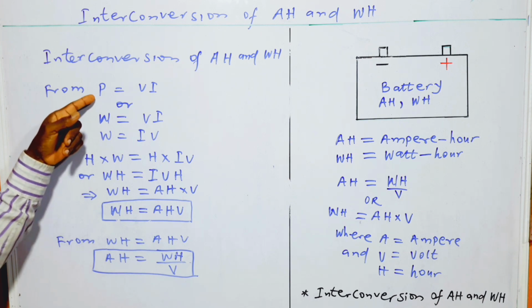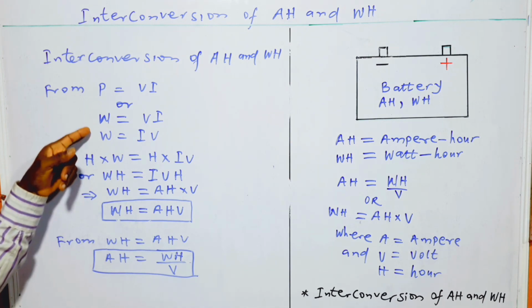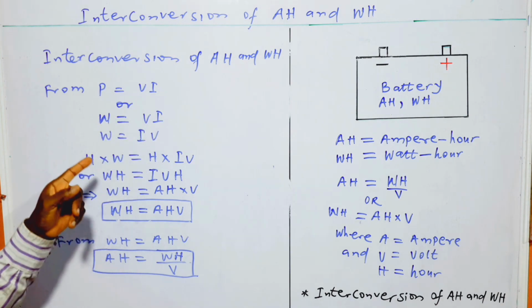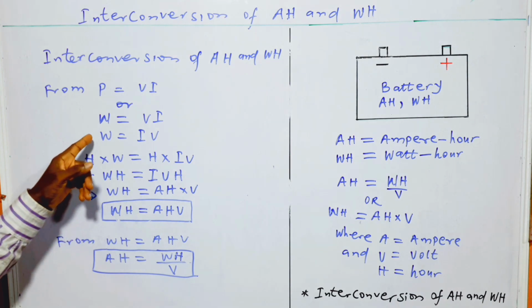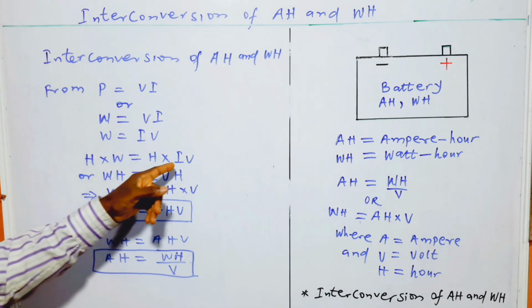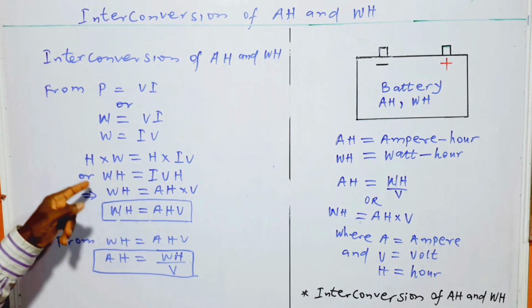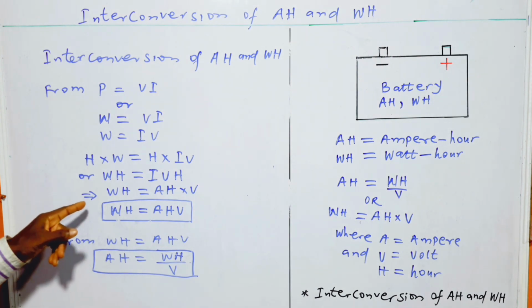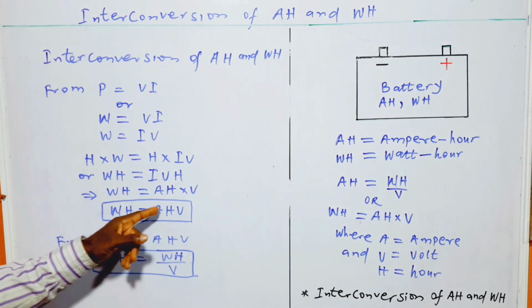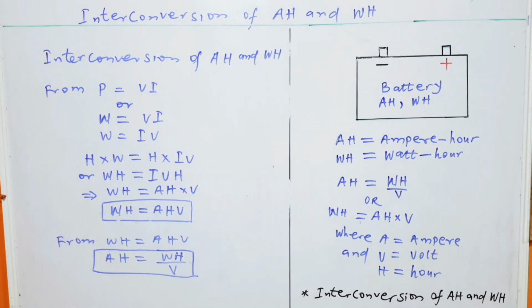In place of P, we can write the unit to represent P, which is watts. So W is equal to VI. From there, if you multiply both sides by H, this is what you will get, or you can rearrange and have this. So from there, we can now say Watt-hour is equal to Ampere-hour multiplied by voltage.